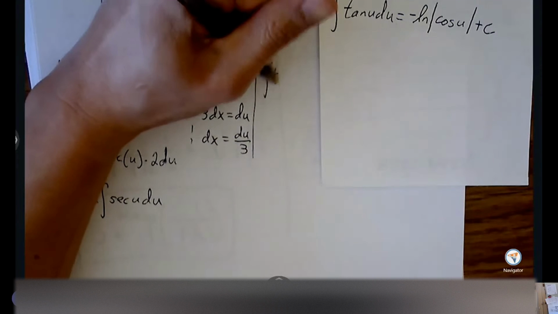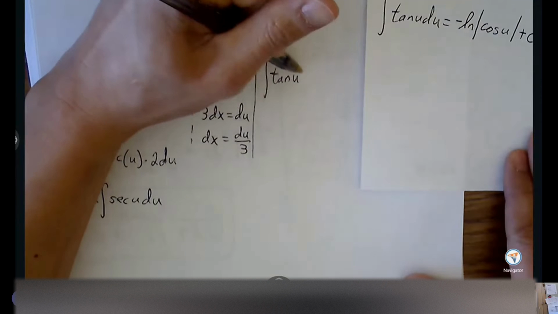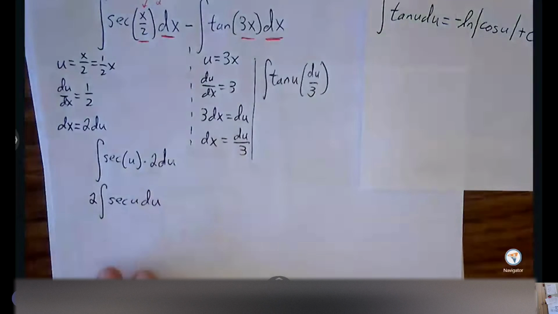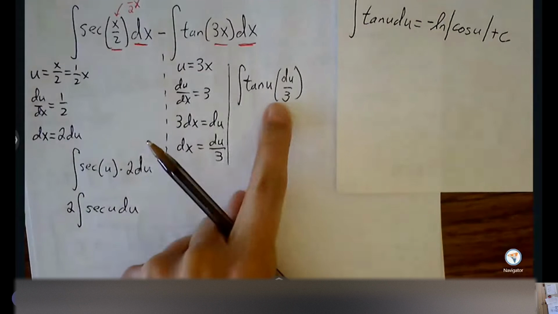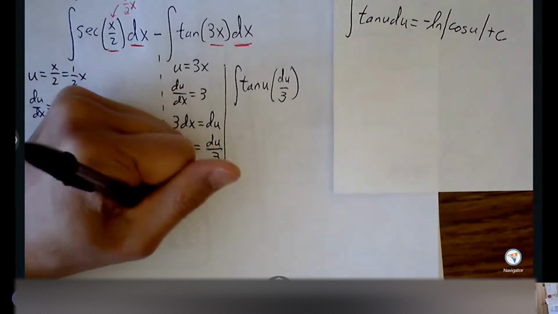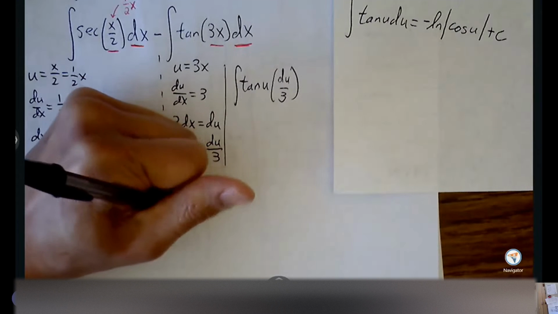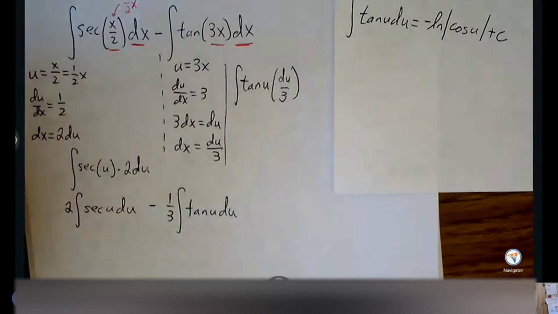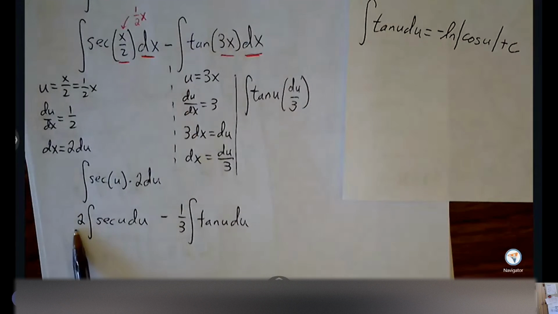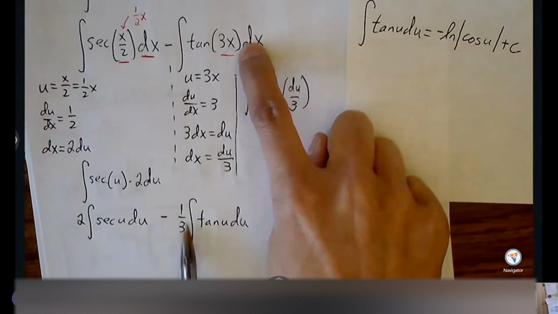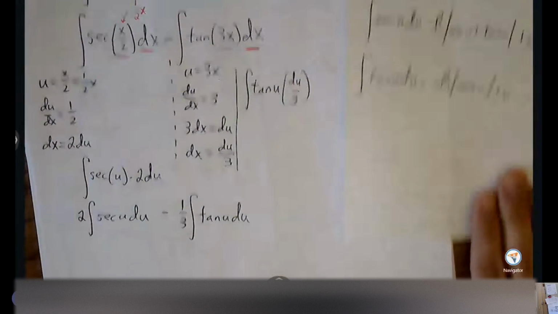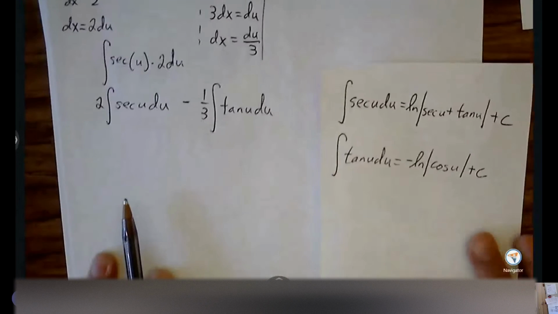Integral of tangent of u. That 3 is going to come out as 1/3. So you see that 1/2 x is going to just turn itself into a 2. That 3x is going to turn itself into a 1/3. And we could potentially skip all that and jump directly to the integral if you wanted to.